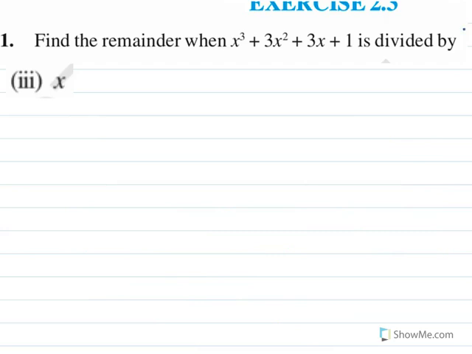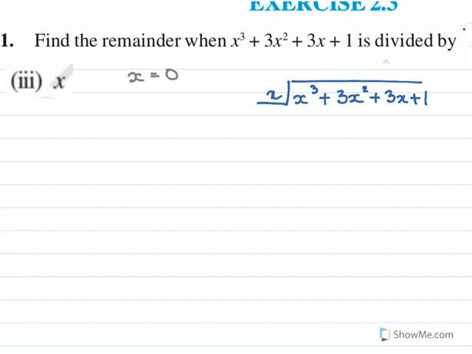Find the remainder when x cube plus 3x square plus 3x plus 1 is divided by x. So again, we take the divisor x equal to 0, and then we find p of 0, which will be the remainder.